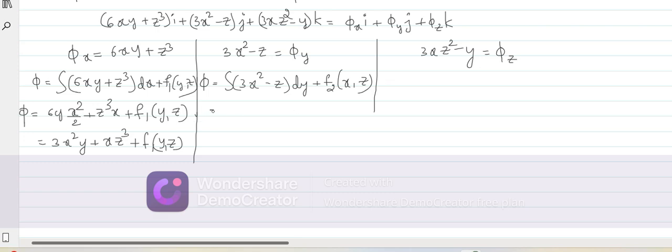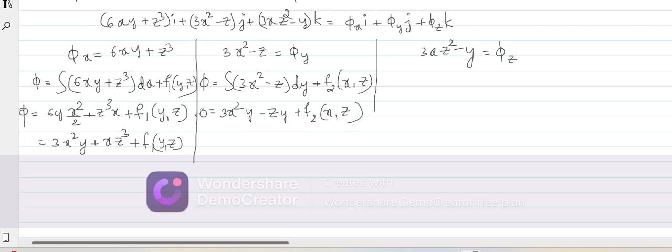So 3x² is constant and the integration of 1 with respect to y is y, minus z is constant, the integration of 1 with respect to y is y, plus f2(x,z).